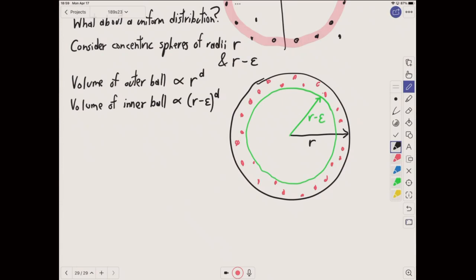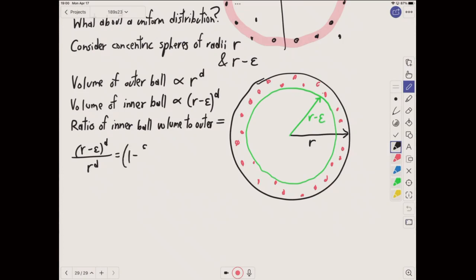And what we're interested in is the ratio between those two volumes. Like, how much of the outer ball is captured by the inner ball? So what's the ratio of the inner ball's volume to the outer ball's volume? Well, that's (r minus epsilon) to the d over r to the d, which we can simplify a bit to (1 minus epsilon over r) to the d.